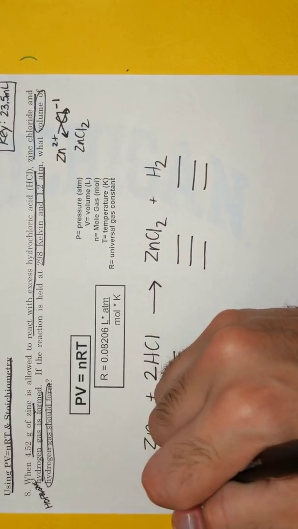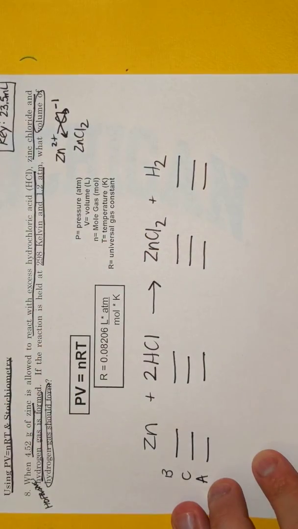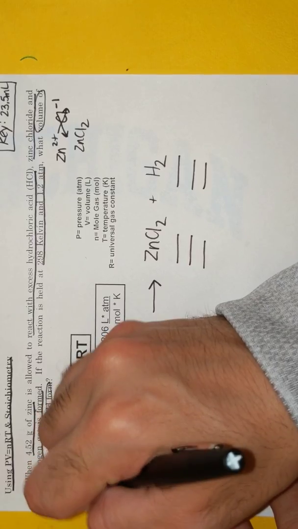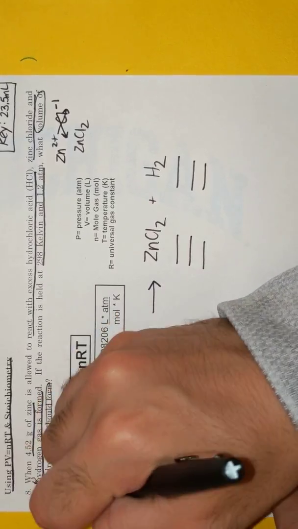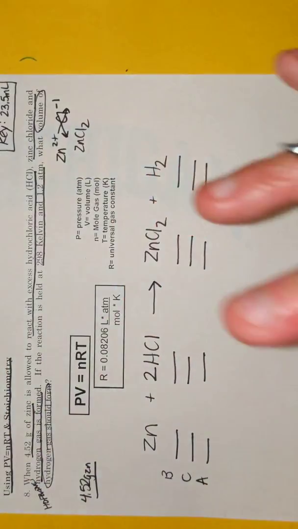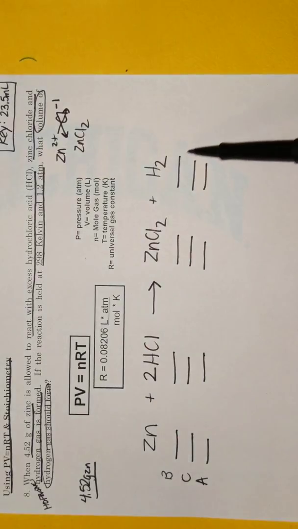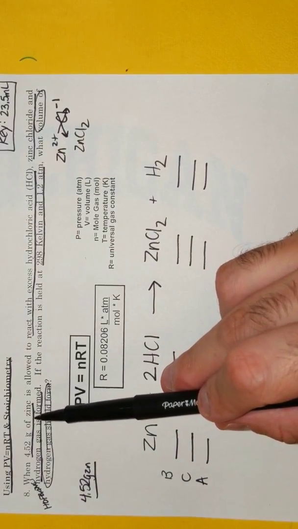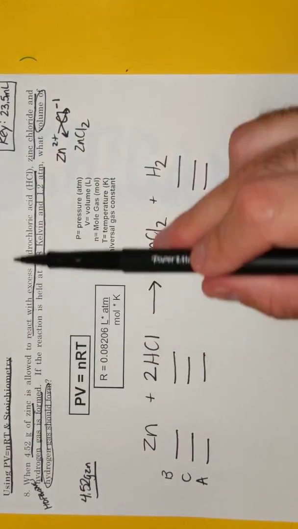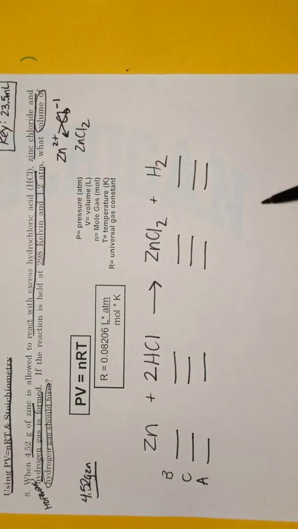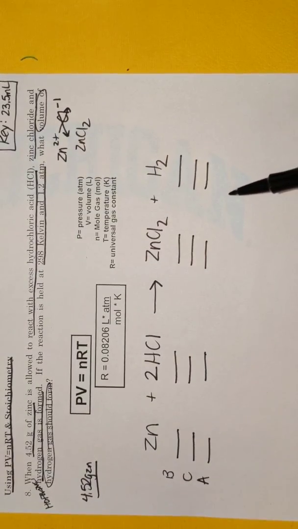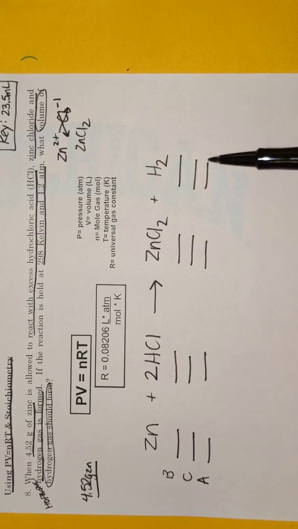It says I have 4.52 grams of zinc. Remember, if I want to do any type of stoichiometry or reaction to relate zinc to hydrogen, because that's what the question is asking about: if I have 4.52 grams of zinc, how much hydrogen can I make? Eventually it asks for volume.